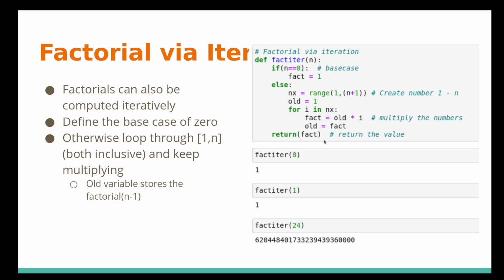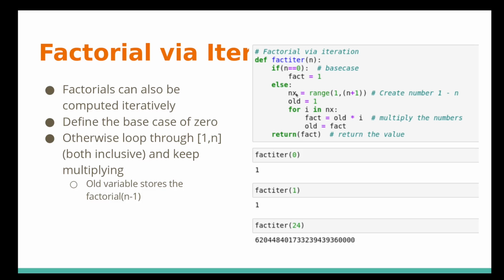You can also calculate factorials via iteration, except that the previous value has to be stored when you perform it. So here I create a function called factiter n, and again I put my base case. I say that if n is equal to 0, and by comparison I have to put double equal to, then I assign a value of 1 to fact.